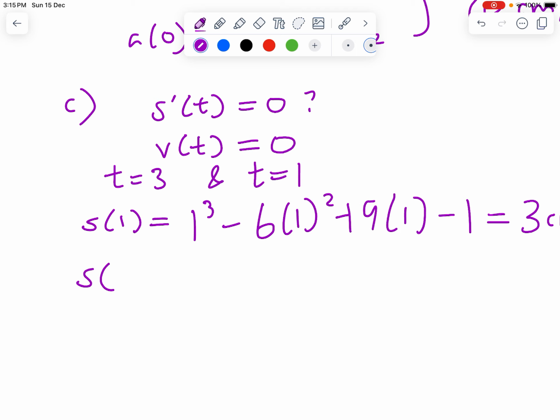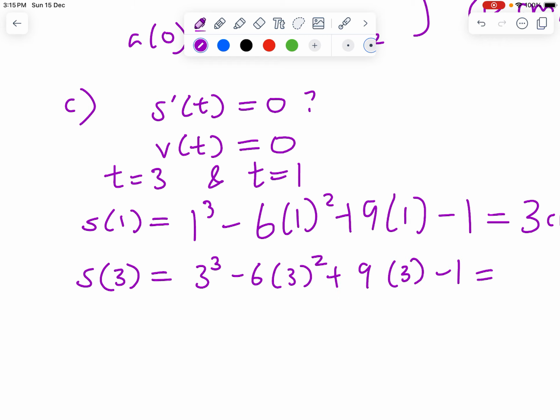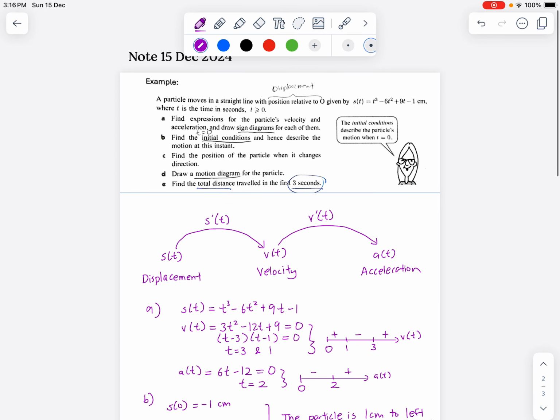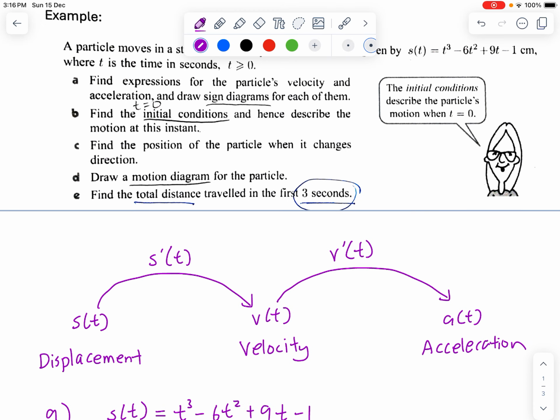And we want to plug in the second value at t equals 3. That's 3 cubed minus 6 times 3 squared plus 9 times 3 minus 1. And if we were to do that, we get a value of negative 1 cm. So that's our position.